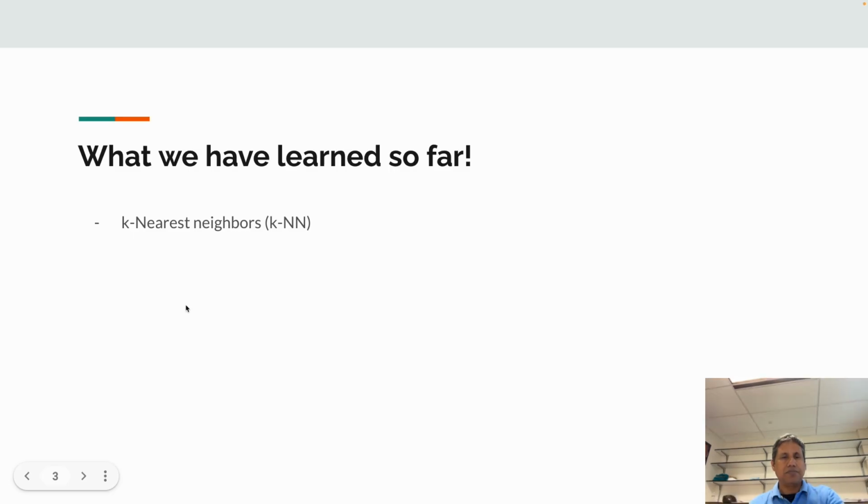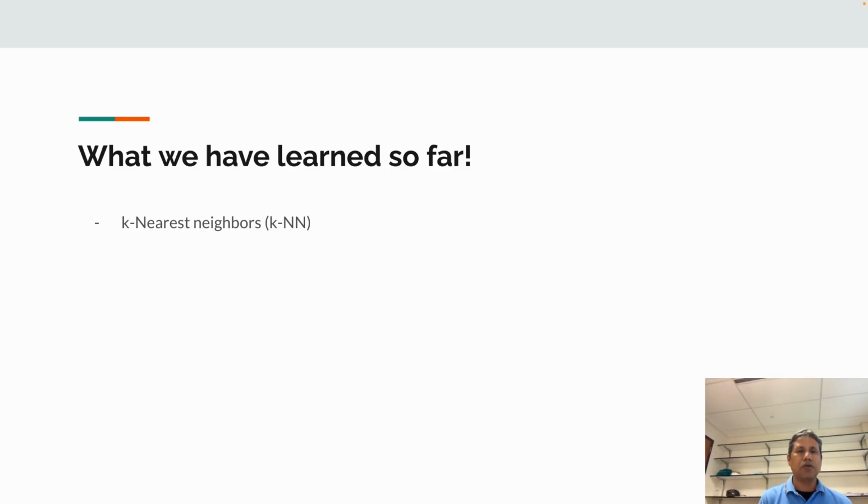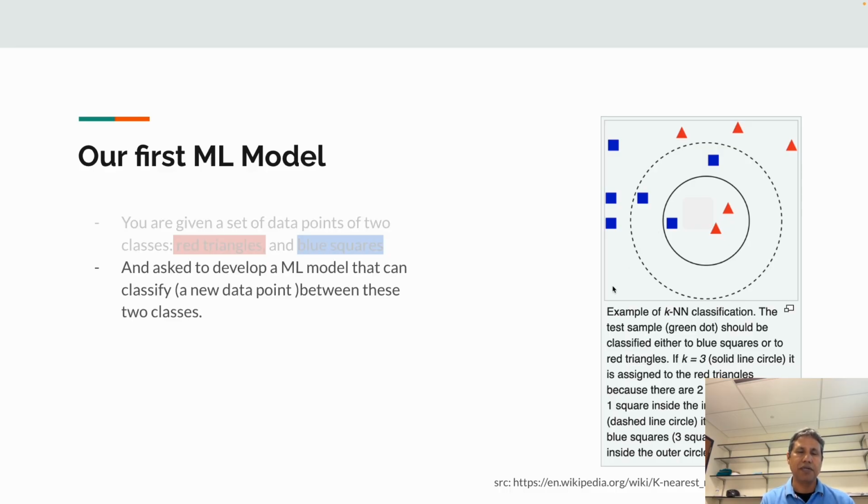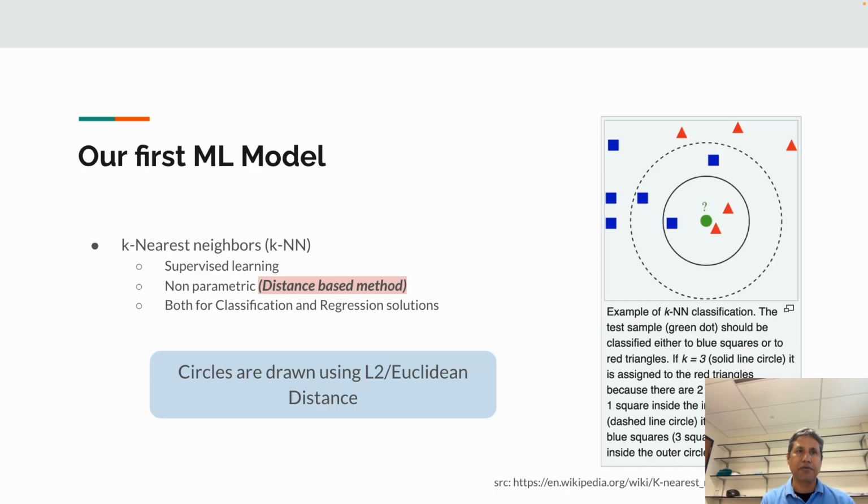So let's start. We have talked about our first machine learning model, which is a k-nearest neighborhood model. And when we were discussing that particular topic, we introduced you to this problem: given some red triangles and blue squares as your data, you have to use those data to classify a new incoming data point, which is a green circle in this case.